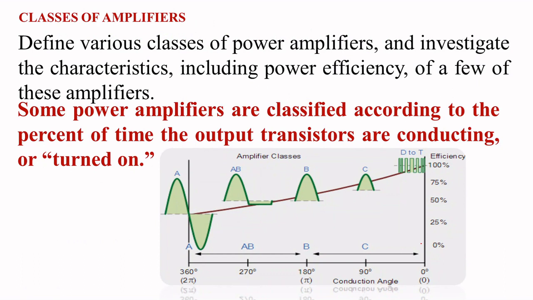Dear students, today we'll see the important topic, the classes of power amplifiers. We will be studying two types of amplifiers, small signal amplifiers and power amplifiers. When you speak about power amplifiers, the power handling capacity of those transistors is larger compared to small signal transistors.